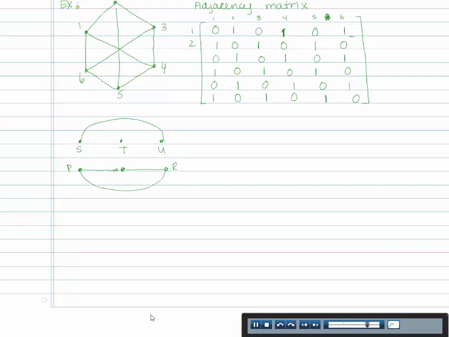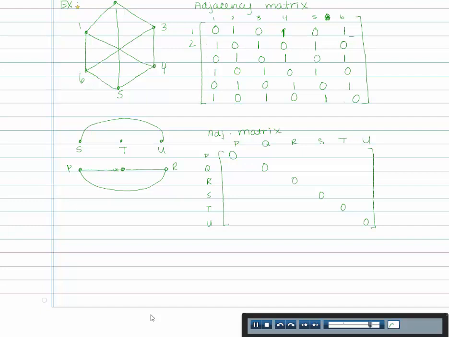Alright, so let's build the adjacency matrix, and for sake of good ordering, we're going to use alphabetical order to do this. So we'll have a P row, a Q row, an R row, an S, a T, and a U, and we'll have a P, Q, R, S, T, U column. Again, I can pop my zeros down the diagonal because vertices aren't adjacent to themselves.